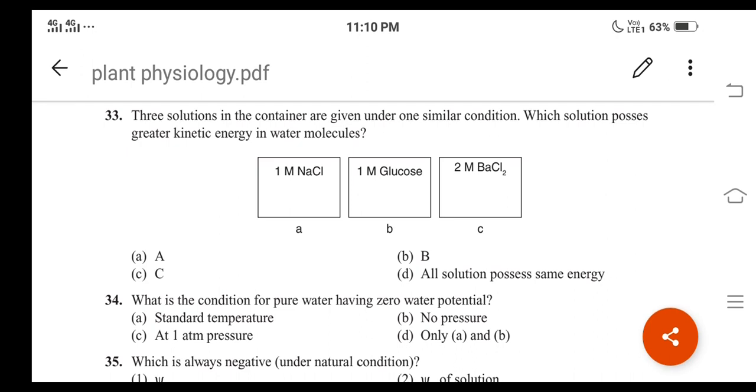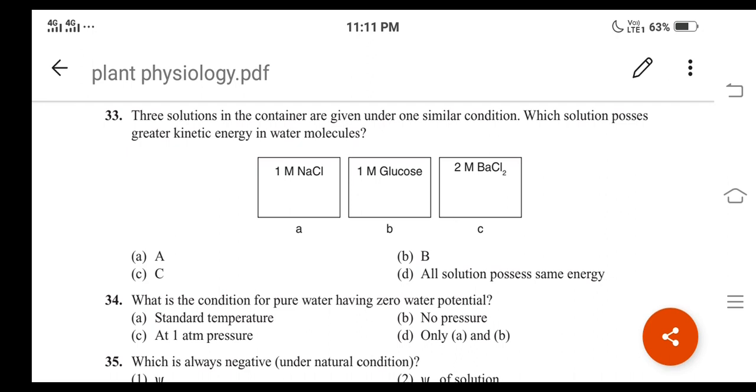In A, 1 mole NaCl, in B 1 mole glucose, and in C 2 mole BaCl2, barium chloride. Which solution possesses greater kinetic energy in water molecules? 1 mole glucose. So for question number 33, option B becomes the correct answer.